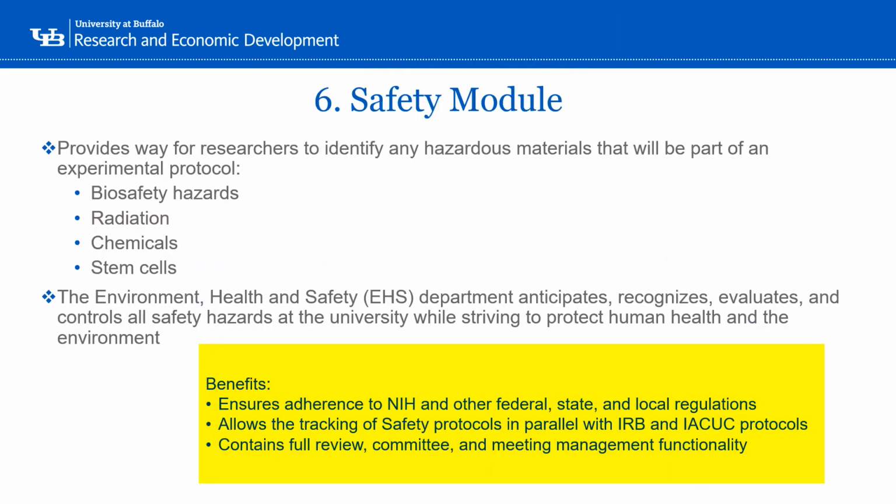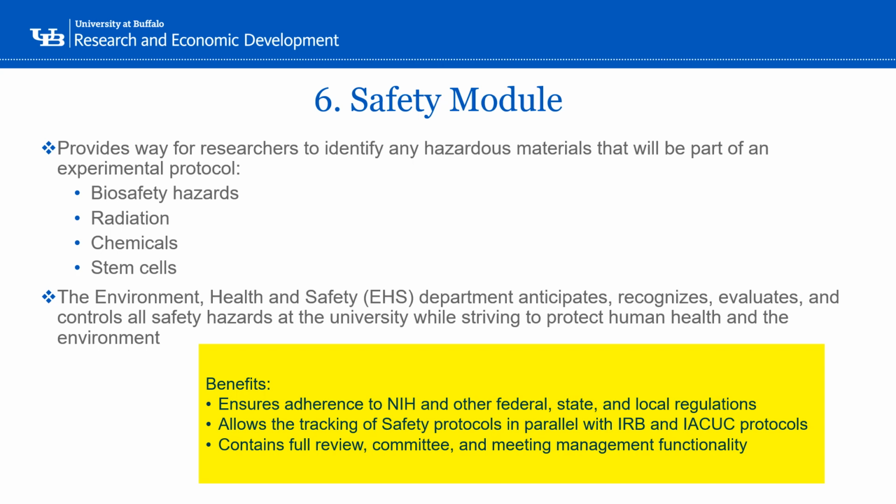Finally, the safety module provides a way for researchers to identify any hazardous material that would be part of an experimental protocol. This includes biosafety hazards, radiation, chemicals, and stem cells. The Environment, Health and Safety, or EHS, department anticipates, recognizes, evaluates, and controls all safety hazards at the university while striving to protect human health and the environment.